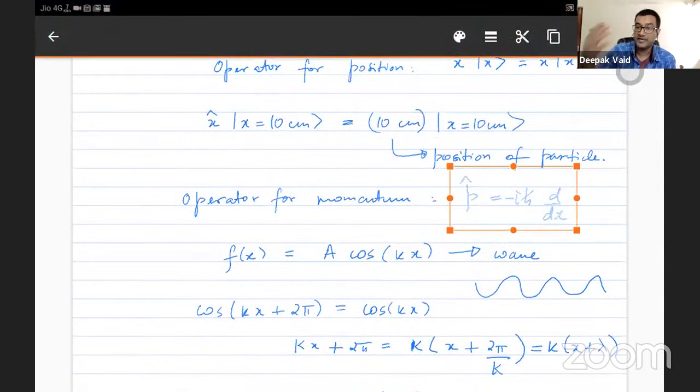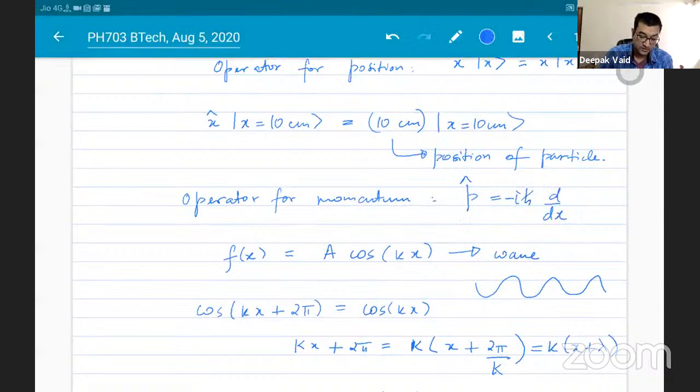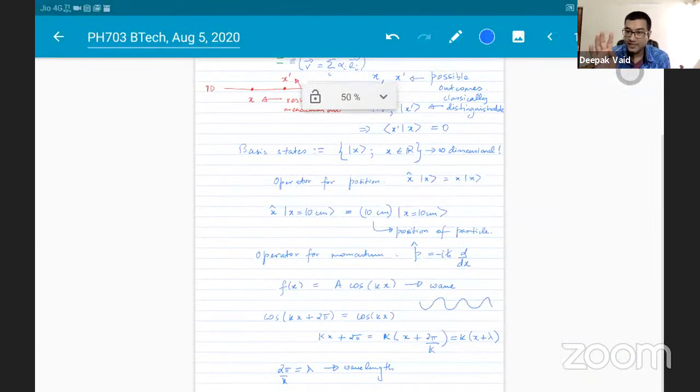So I have justified it after the fact. And so it takes a little bit of getting used to. It's not obvious why this should be the case.